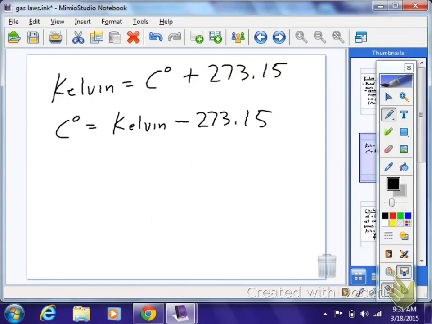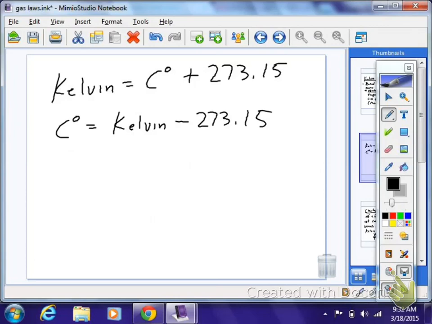So we always have to convert Celsius to Kelvin. Now you could have a problem that's already converted for you, and that's a possibility. You just have to double check the units. So Kelvin equals Celsius plus 273. If I need to convert back to Celsius, then I subtract 273. So add to find Kelvin, subtract to find Celsius if it's in Kelvin.